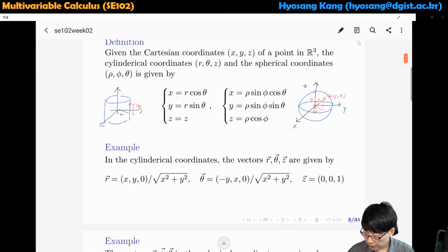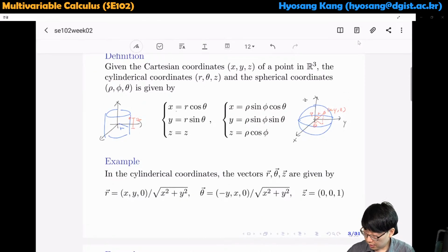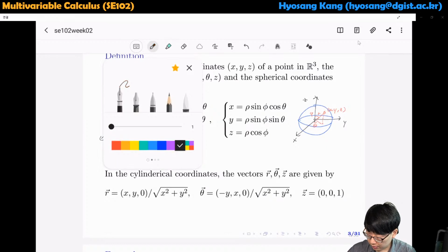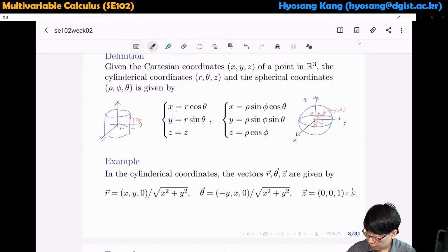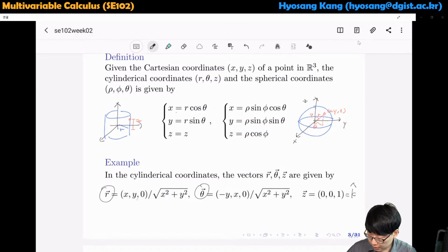In the cylindrical coordinate system, we also have a way to express our vectors r hat and theta hat. Before we do that, the vector z is the same as the k vector, which is the e3 vector, and the others are exactly the same, except that we have the extra coordinate because these are three-dimensional vectors.